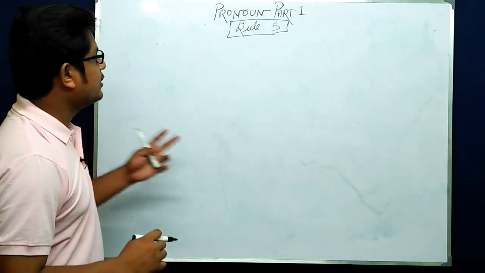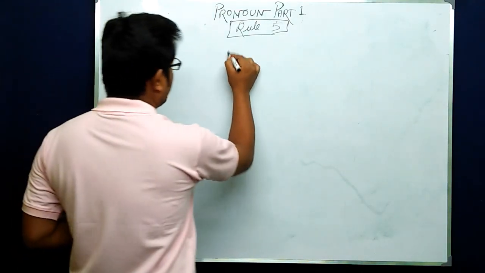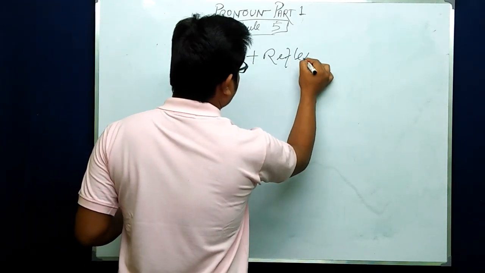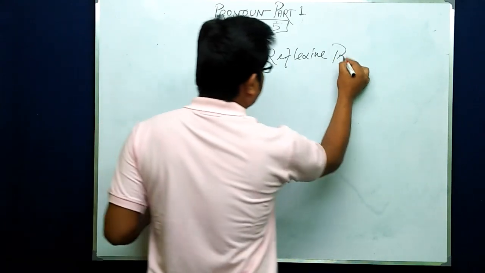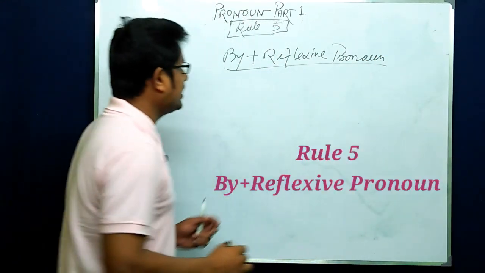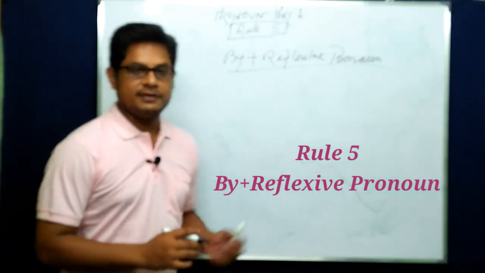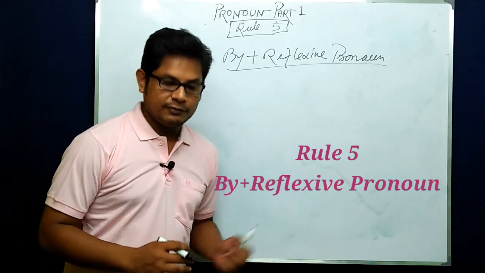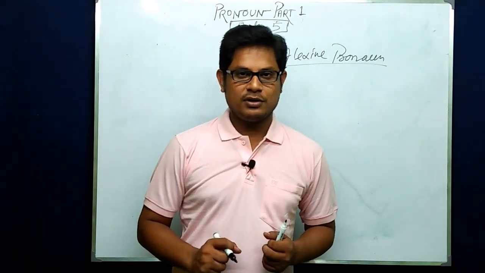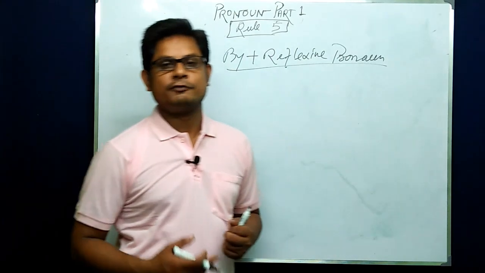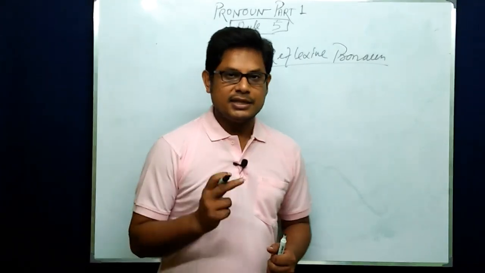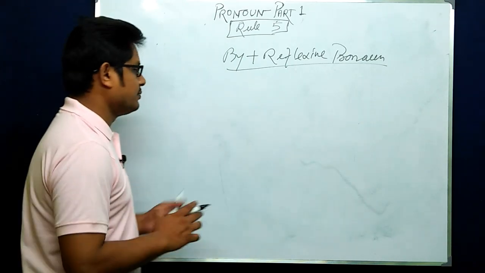Okay students, now in rule number 5, I'll show you how to use by plus reflexive pronoun. You have to see when you can use by plus reflexive pronoun. Whenever the subject or the noun does anything alone, without getting help from outside, without anyone's help, without any company, then only you can use by plus reflexive pronoun.